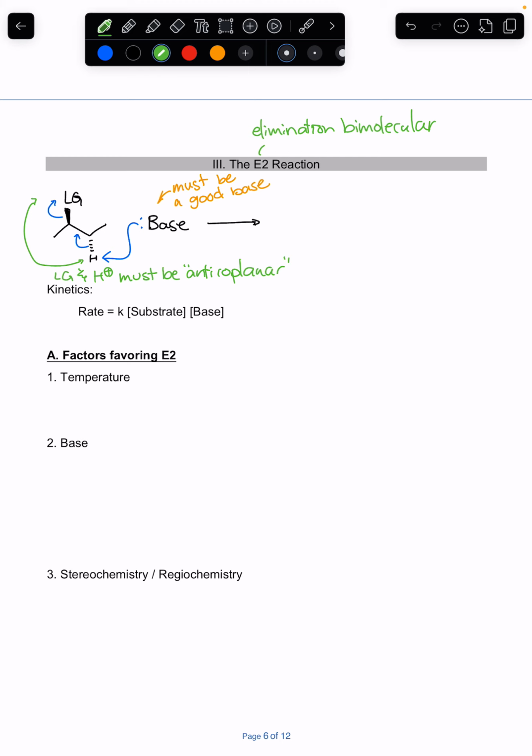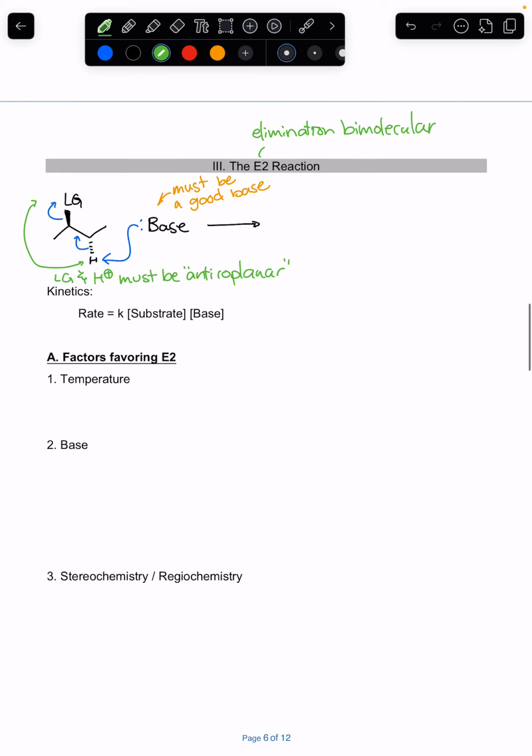And that's kind of what it sounds like, that they need to be anti to each other in the Newman projection, 180 degrees opposite of each other, and they need to be coplanar, as in in the same plane. And then what happens is, of course, you get the alkene product, and the leaving group, and the base that's protonated. Now, it would be positively charged only if it started out as a neutral compound.